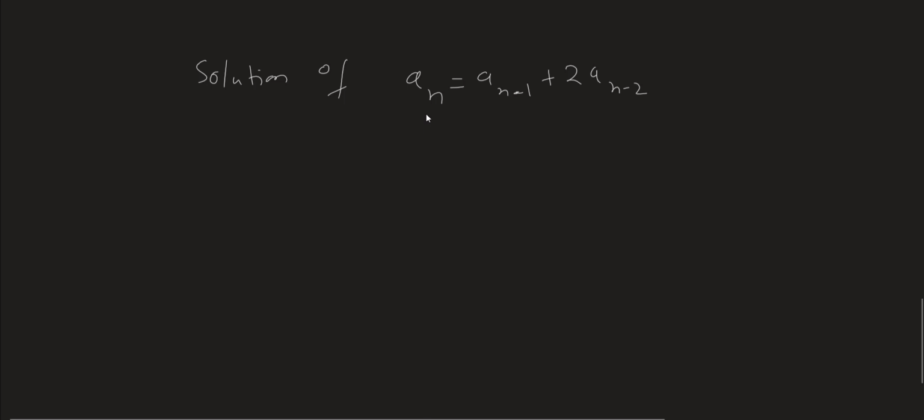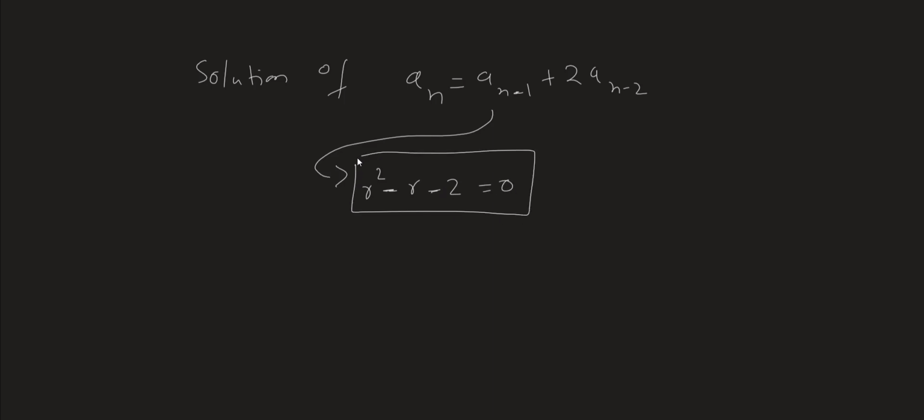Now the characteristic equation for this is r^2 minus r minus 2 is equal to 0. And this we already know how to find.